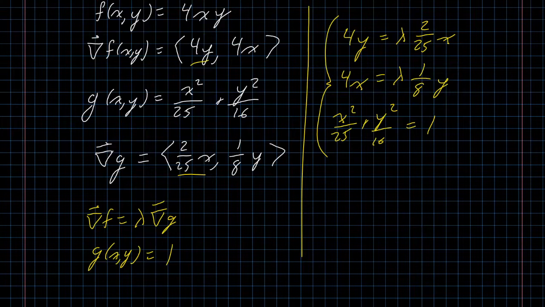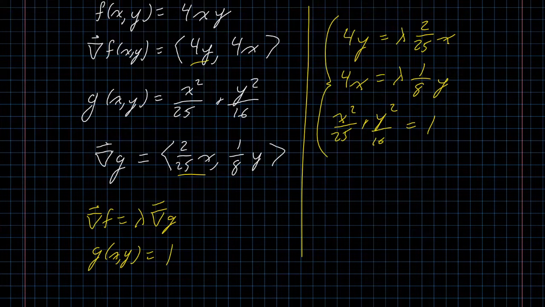2 unknowns that we care about, x and y, plus an unknown that we don't actually care about. It does not matter what the value of lambda is in finding our solution. Lambda is incredibly important because it lets us set up this system, but we never care to actually find the value of it.